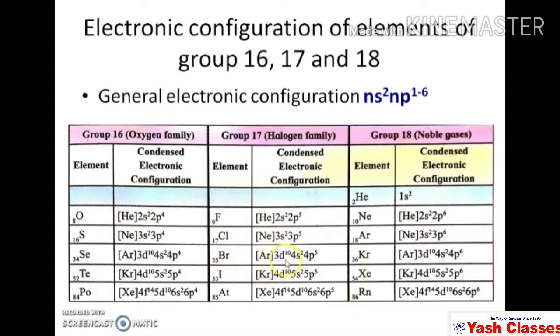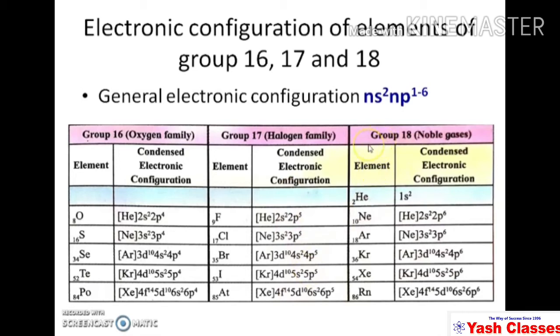Now the d orbital is there in the case of bromine: 3d10 4s2 4p5. For iodine, 4d10 5s2 5p5. And astatine, 4f14 5d10 6s2 6p5. So the general configuration is ns2 np5.